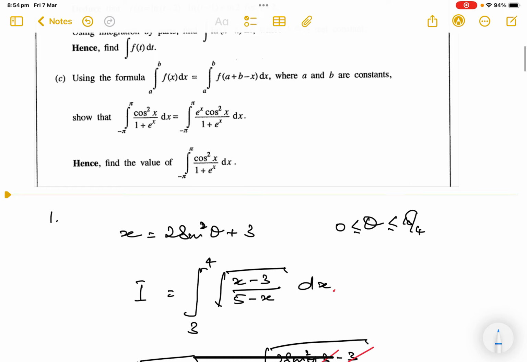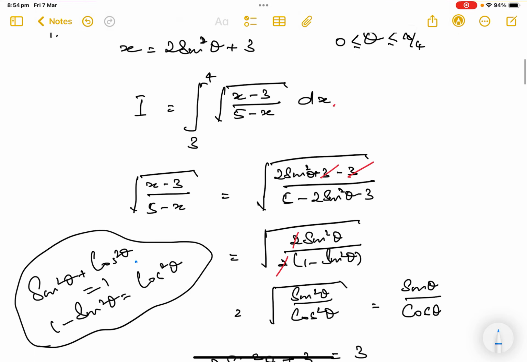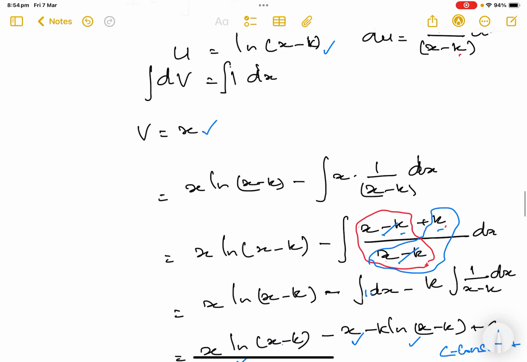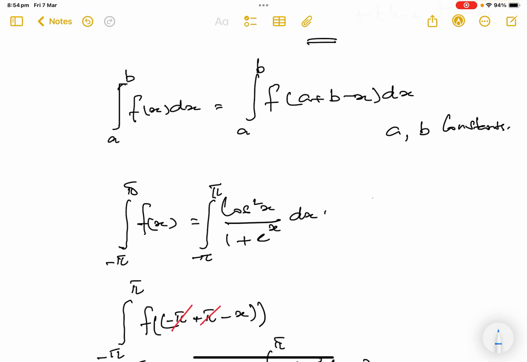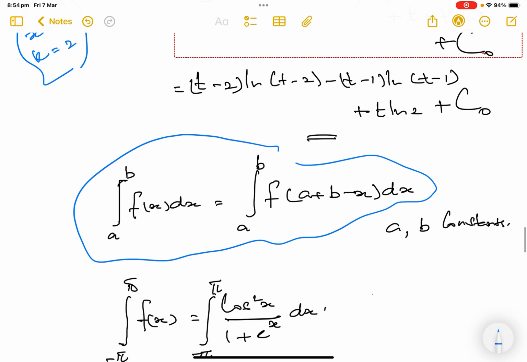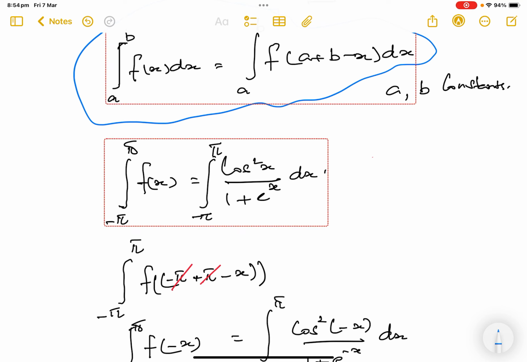So that's the starting point: cos squared x over 1 plus e to the power x. All right. Here, this is given, so we're going to use it. f(x) is, just purposely using it, the integral from -pi to +pi of f(x), that is what f(x) is.